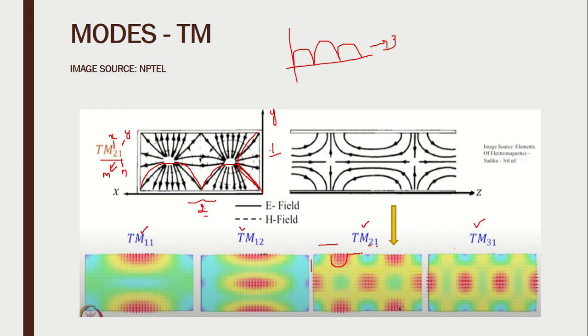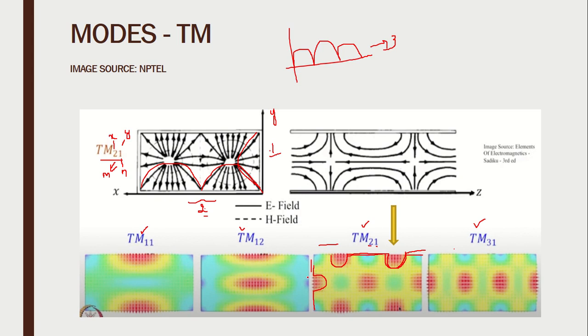my first variation, this is 0. This is my second half sinusoid. This is my 0. So how many variations occur to go for a half sinusoid? This is a half sinusoid, the first variation, again a half sinusoid, the second variation. Which means there are 2 variations in the x direction. Now come here. This is a 0, a half sinusoid, again 0.